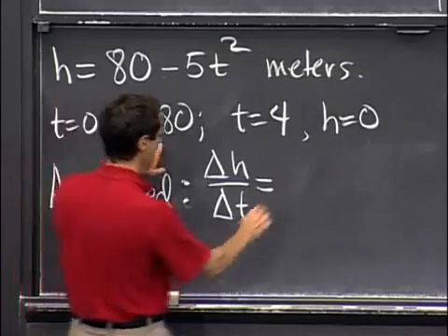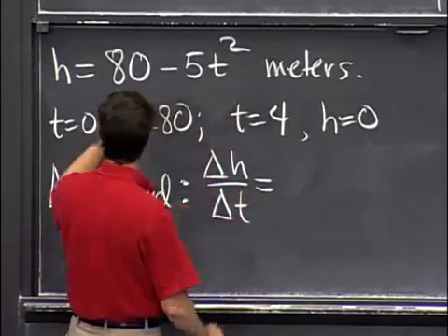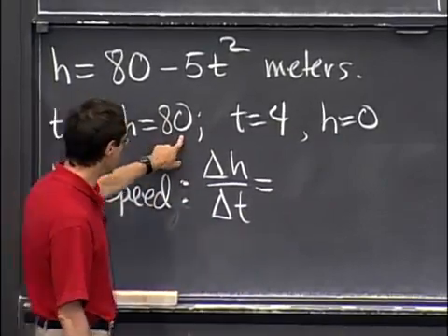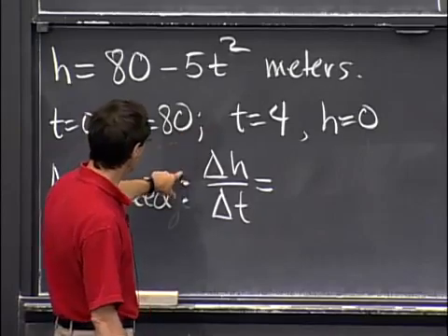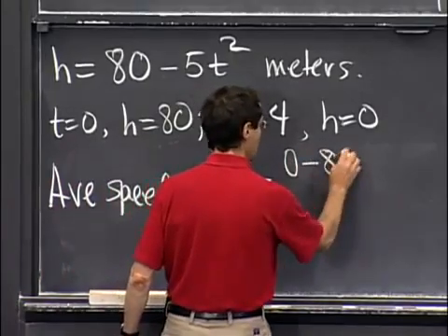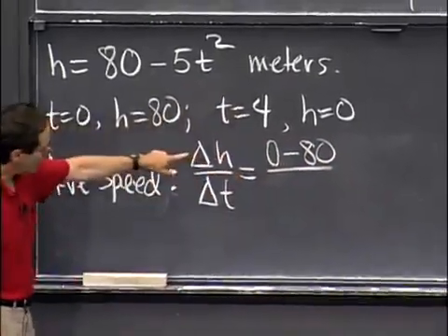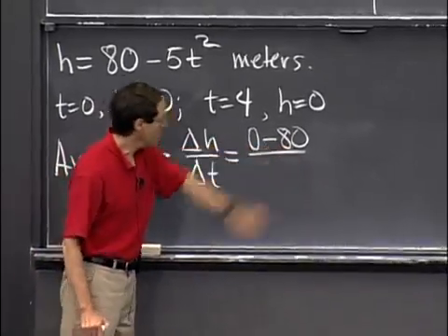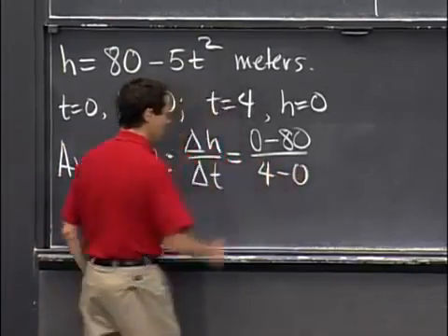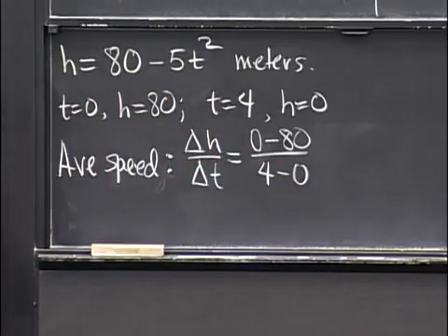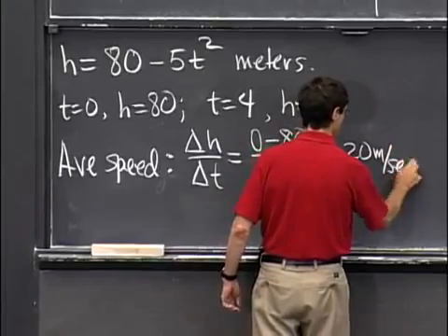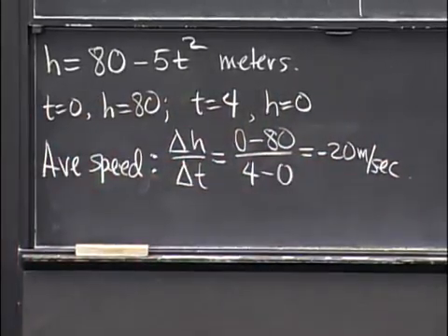It starts out at 80, right? And it ends at 0. So actually, we have to do it backwards. We have to take 0 minus 80, because the first value is the final position, and the second value is the initial position. And that's divided by 4 minus 0, time 4 seconds minus time 0 seconds. And so that, of course, is minus 20 meters per second. So the average speed of this guy is 20 meters a second.